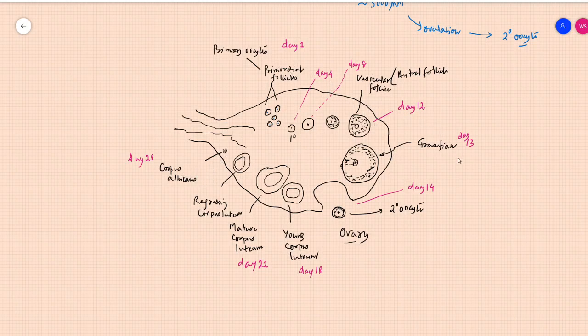Okay, so these days are important. From this we understand these are the phases in the ovary. Okay, so ovary, you've got different phases. Okay, so we'll be discussing that in detail some bit later.